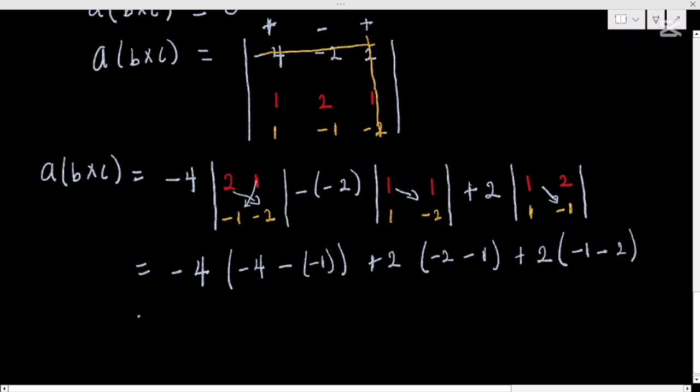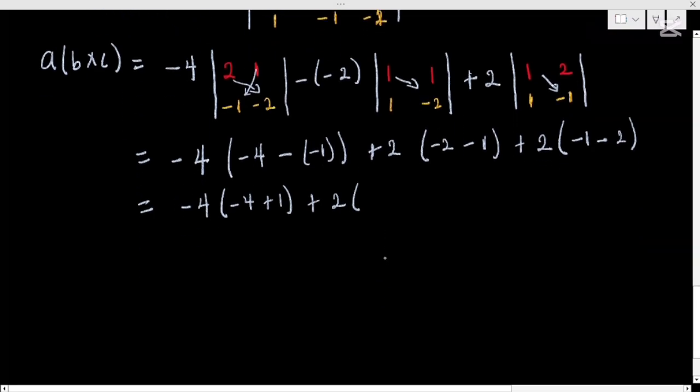So we are moving forward. Here now we have -4 into bracket, we have minus 4 here. Minus times minus, that should be plus. Plus 1 plus 2 into bracket minus 2 minus 1, that is minus 3, plus 2 into bracket minus 1 minus 2.